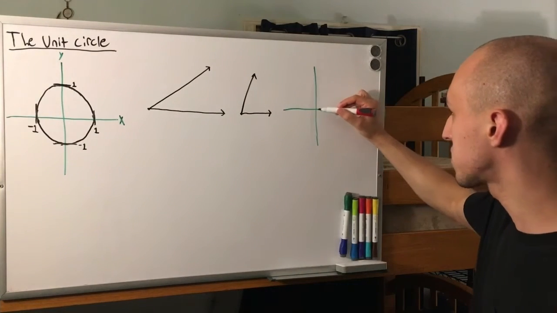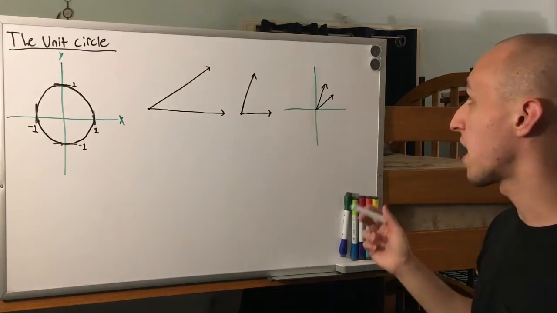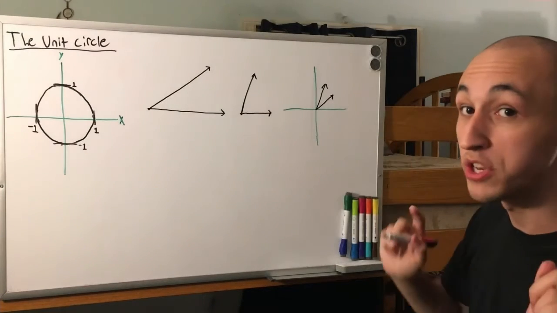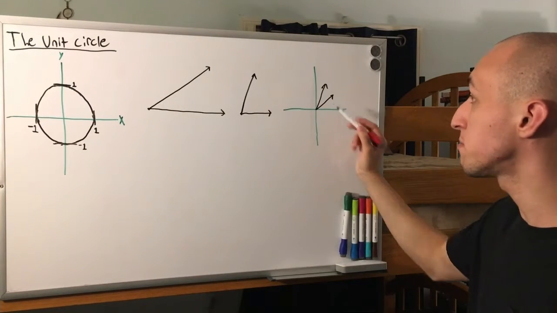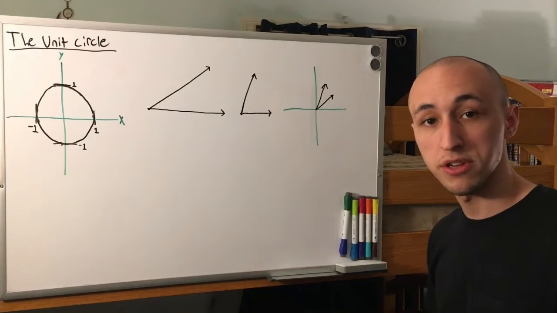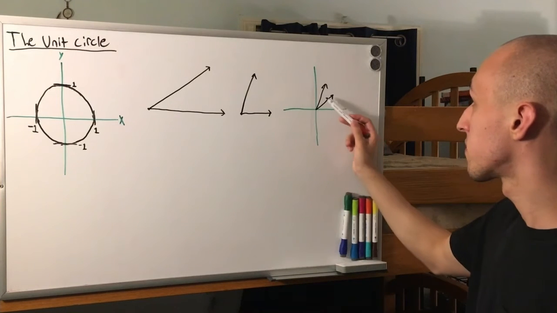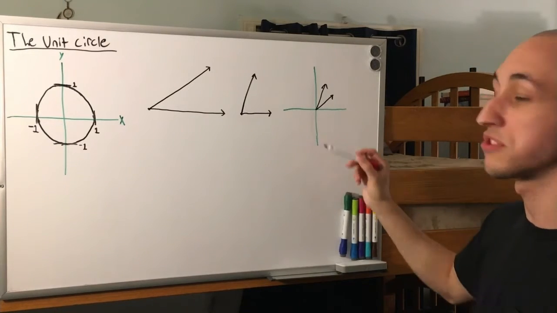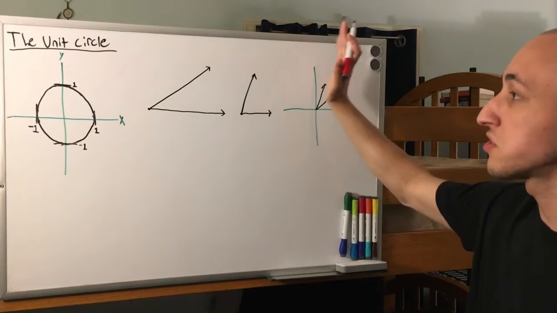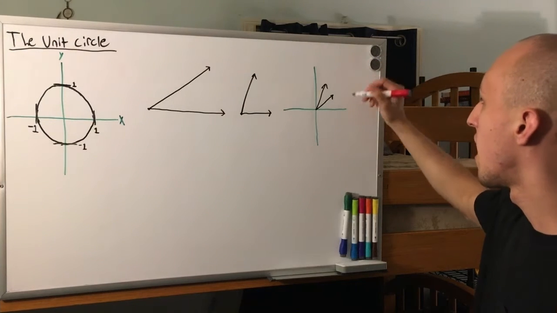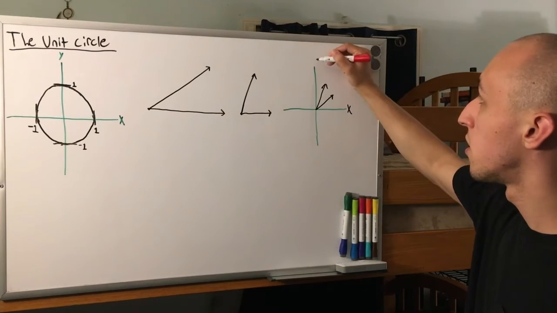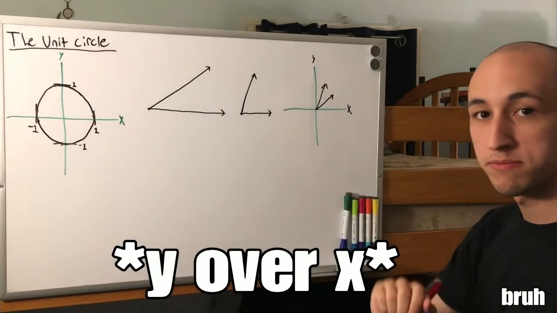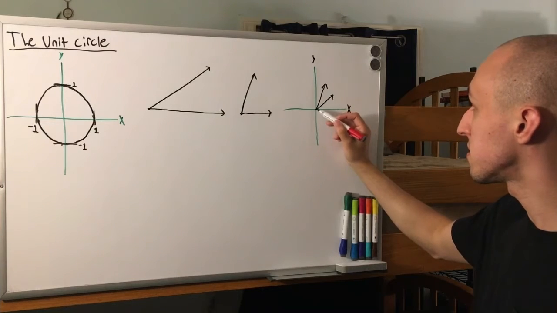If you put this on the graph, perhaps if we know their slopes, we could distinguish them based on their slopes, right? This has a certain slope, meaning rise over run. It is a straight line, right?